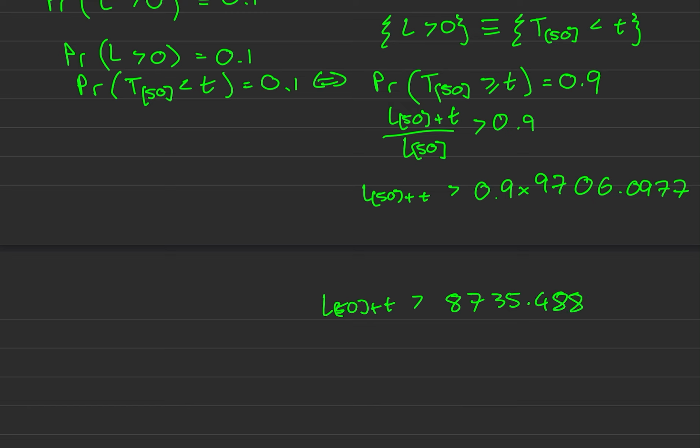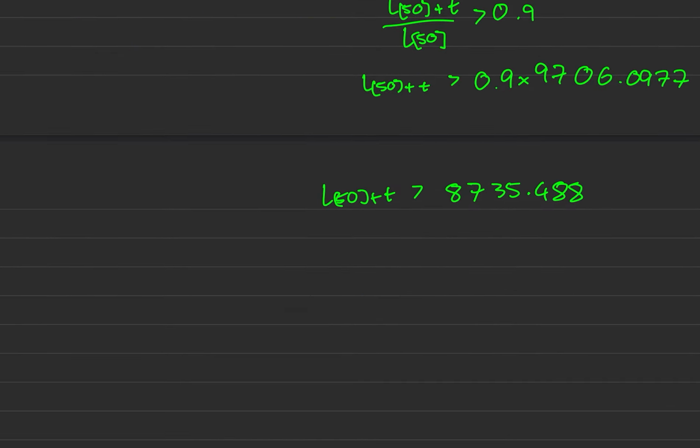Okay, what do we know? Well, we know, if we look at our tables, that L65 is equal to 8821.2612, and we know that L66 is equal to 8695.6199.